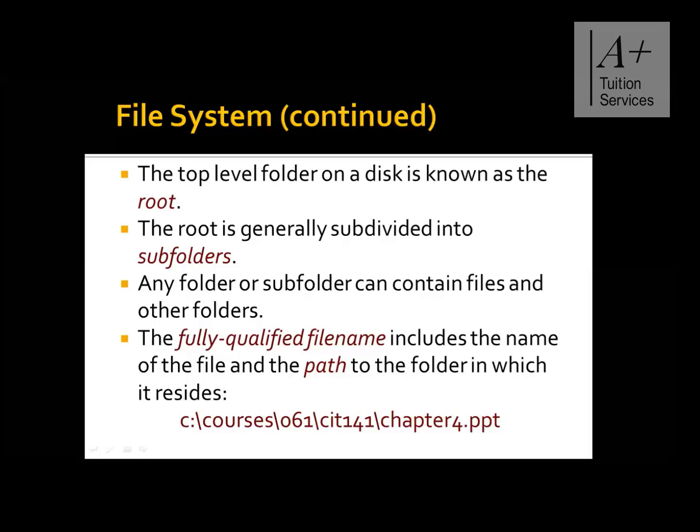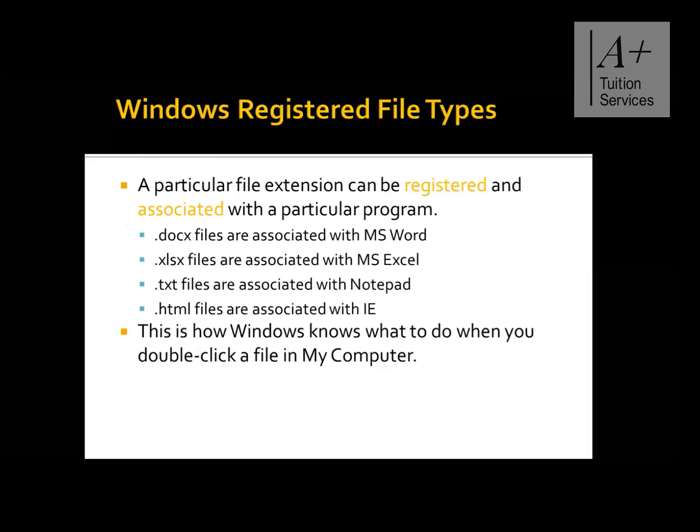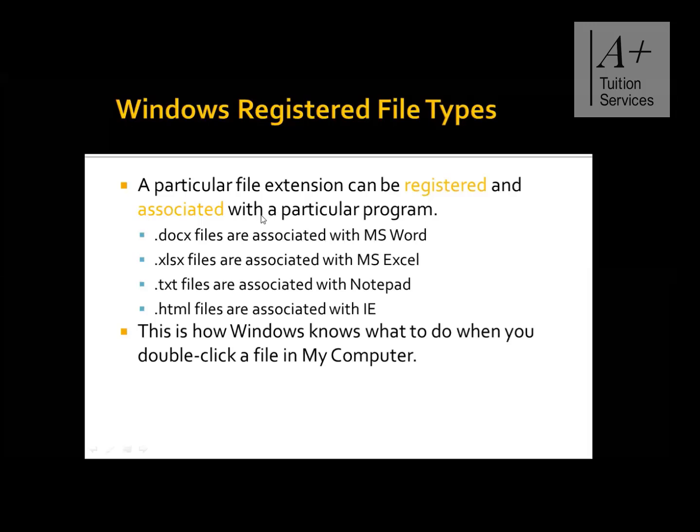So we continue now. We talk about the root folder, the subfolder, and the files that are located in the subfolder. There are many registered file types, and more have come out since back then, right? So we have several file types, as you can see here. We have docs, document, like a Word file.